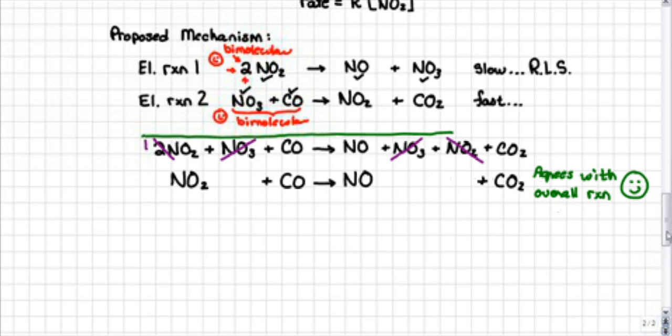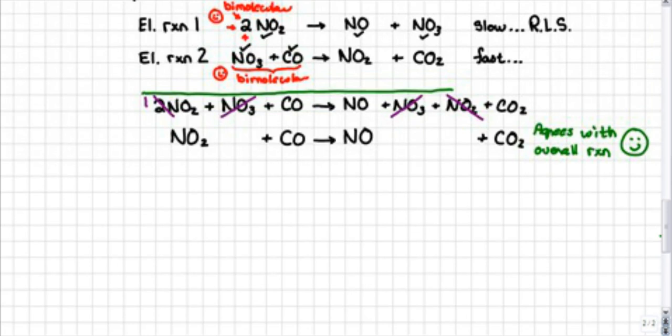The only other thing that I'd like to add here in regards to test number 2 is that we noticed that NO3 in this reaction disappeared from view. NO3 is actually an example of a reaction intermediate. The word intermediate suggests something that's produced along the way, something that's produced and then goes away.